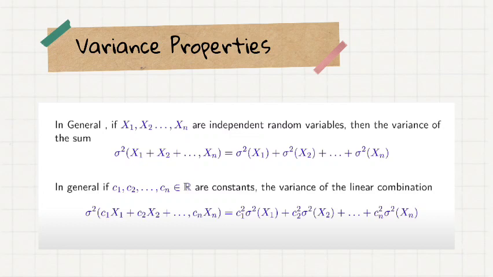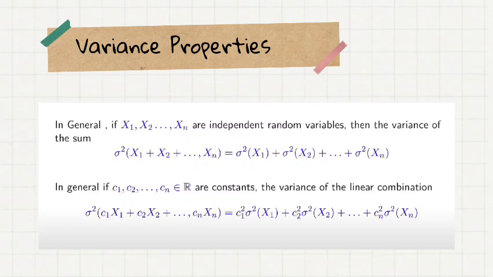In general, if c1, c2 to cn are constants, then the variance of the linear combination c1x1 plus c2x2 plus cnxn is equal to c1 squared multiplied by the variance of x1 plus c2 squared multiplied by the variance of x2 and so forth.